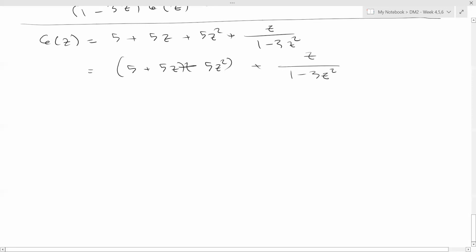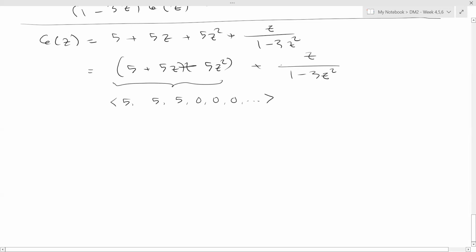What do we have here? This part represents the sequence of 5, 5, and 5, and 0, and 0, and 0, and so on.